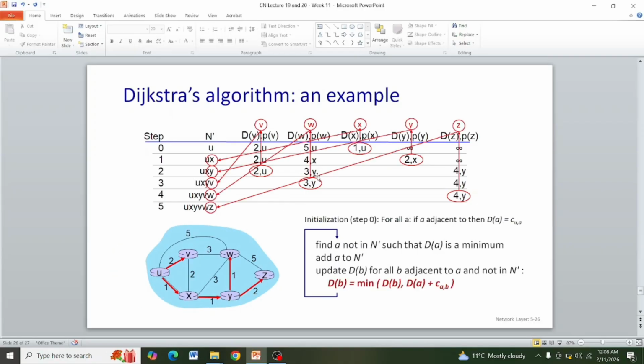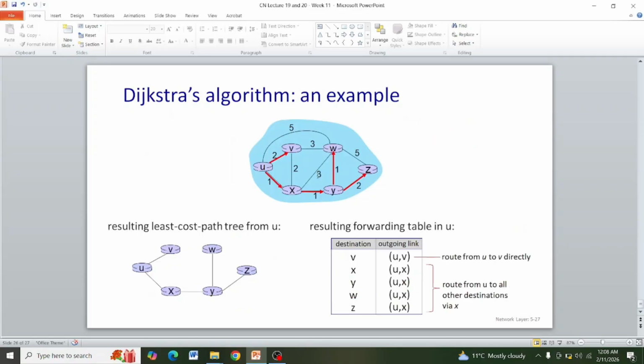Here is the summary. As we have been moving across the whole example, one by one we have been moving the nodes to our set N prime, for which we have a definitely known cost. Here comes the forwarding table and the resulting least cost path tree from u.